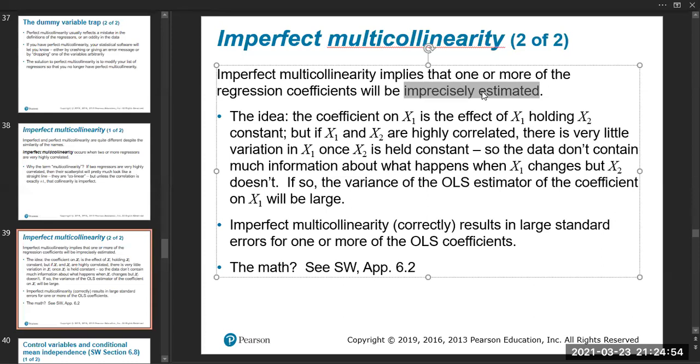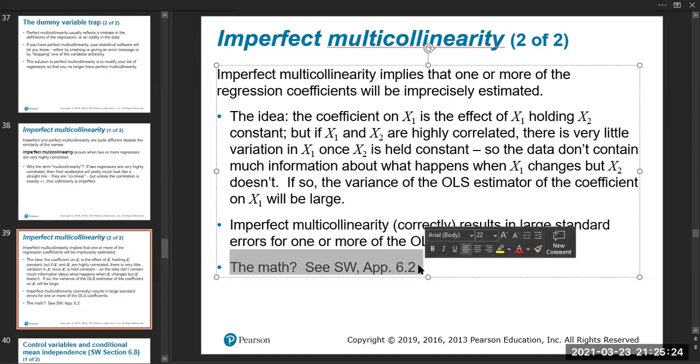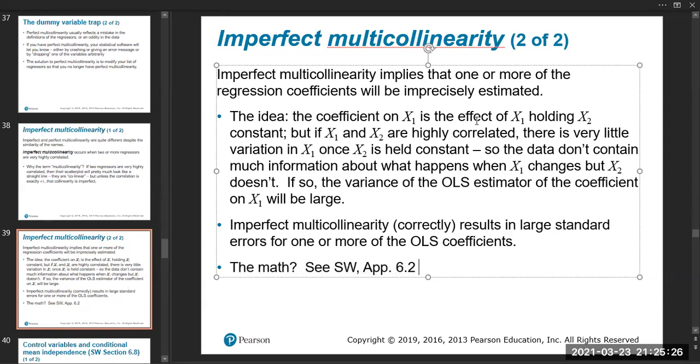Think of different market indexes in terms of how they tell you how the market is doing. They are very, very similar. So the problem is not that you can't run this regression. It's just that your beta is probably imprecise. The math is in CSW Appendix 6.2. This one is not required. You just need to know the definition of imperfect multicollinearity.